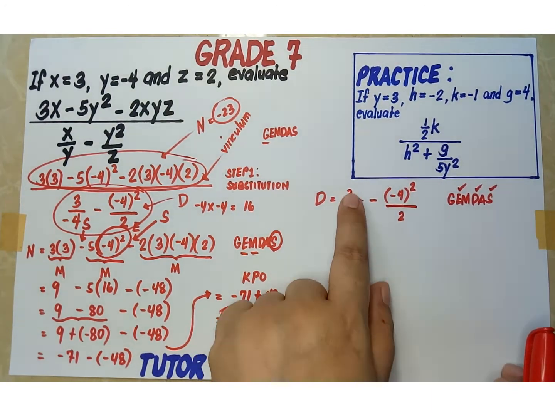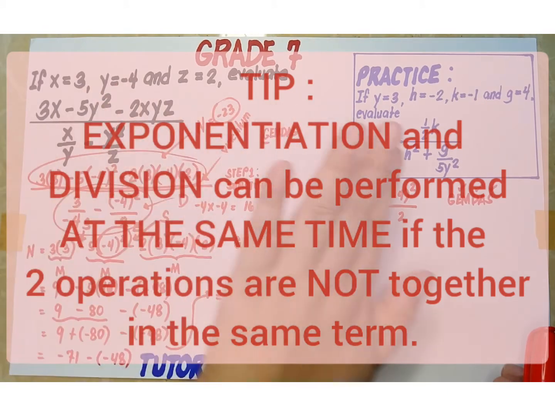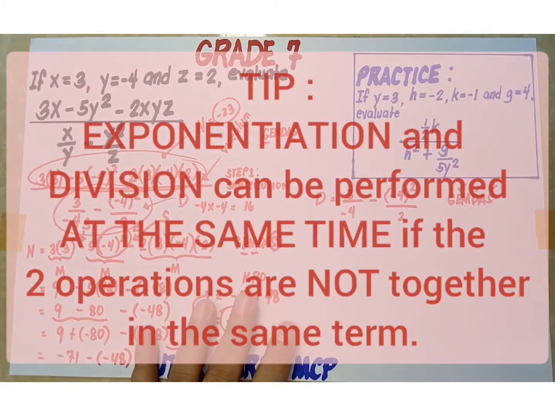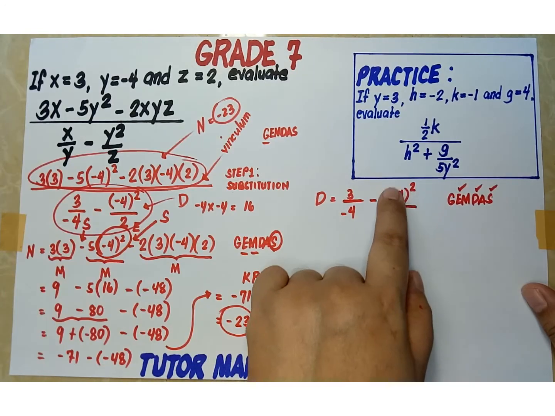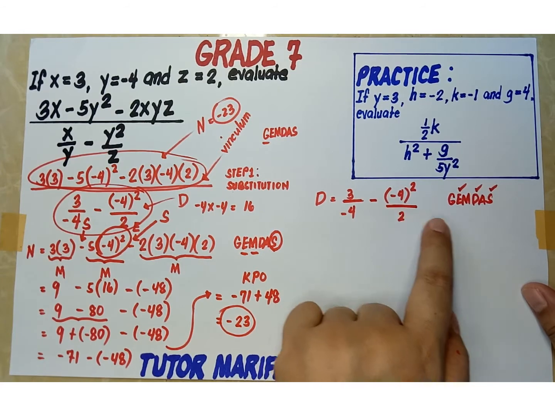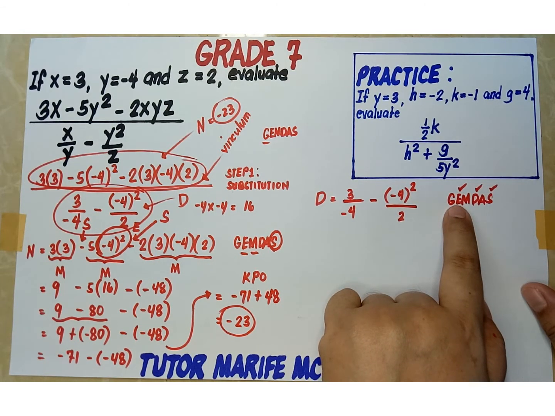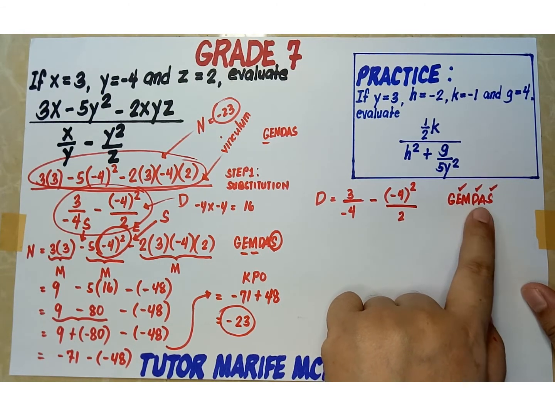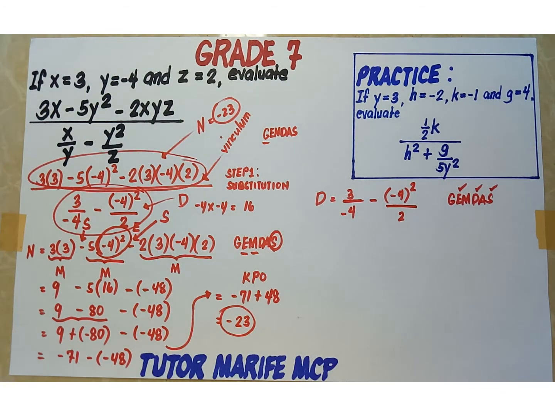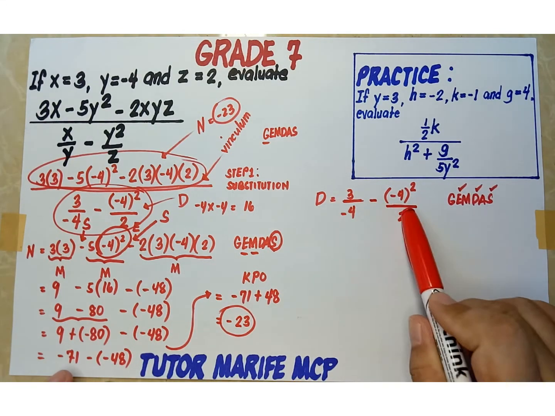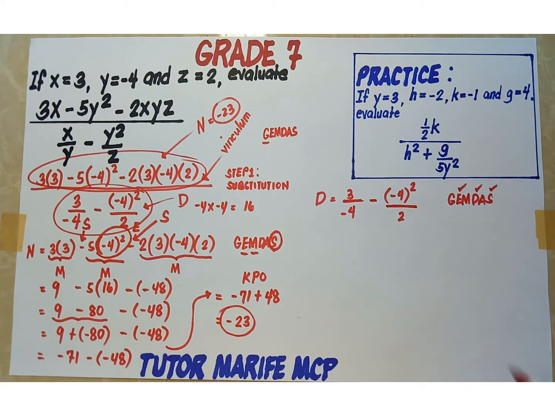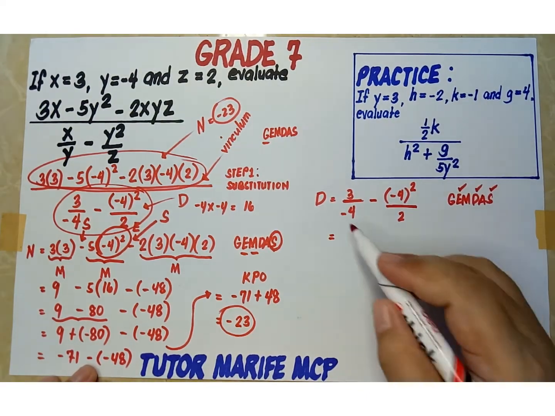Pwede mo na ring isabay yung division dito kasi nasa ibang term siya. Pero within this term, itong second term ng denominator, exponentiate first before you divide. Kasi E comes first. Nahuli yung D. Okay? So, pwede nating pagsabayin yung E and D kapag nasa magkaibang term yung dalawang operations.